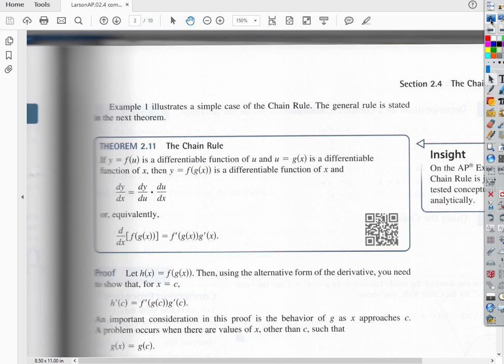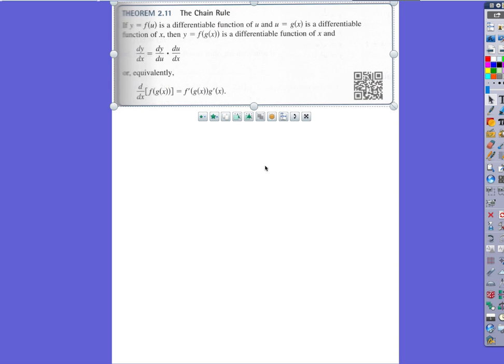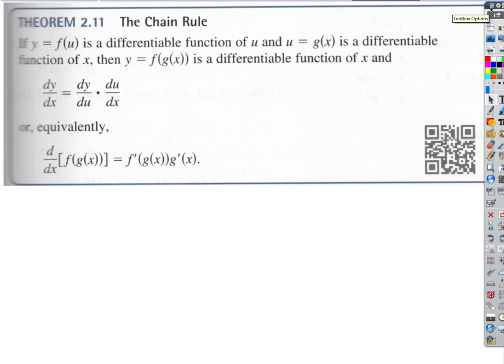But if we look at this version of the chain rule, we already got the top one, right? What about this bottom one? What's this thing? If I've got some function, f of g of x, a composition of functions. Let's take a quick second, and before we go any further, what might that look like?